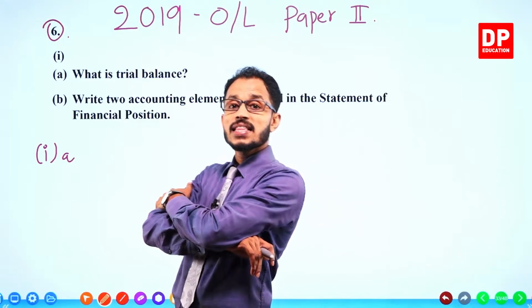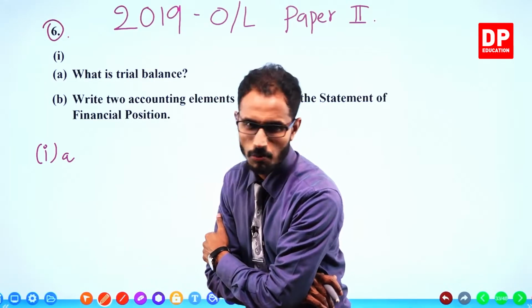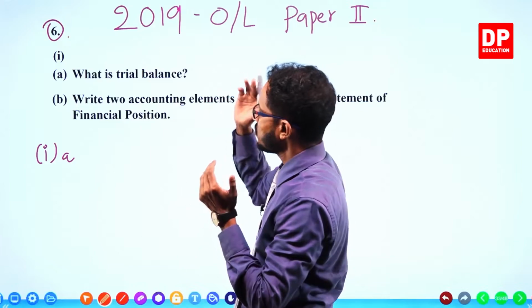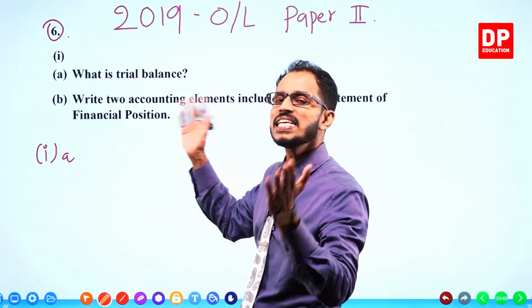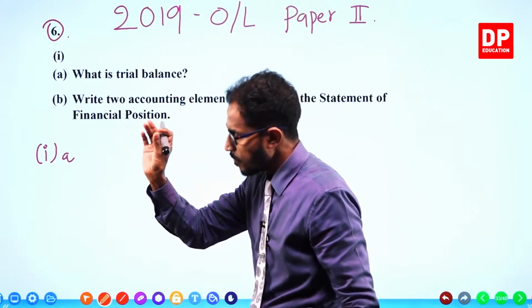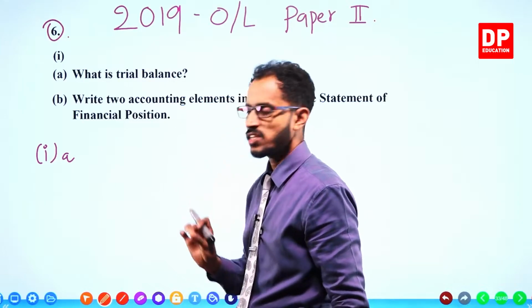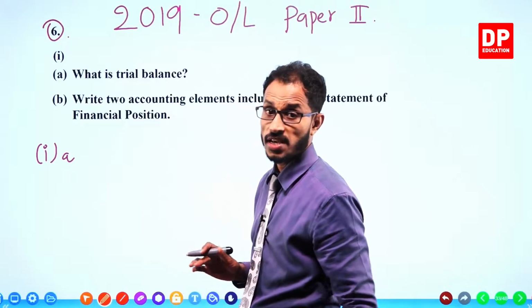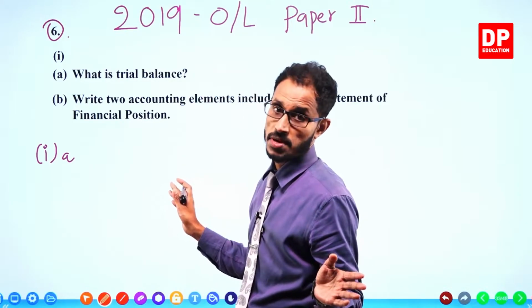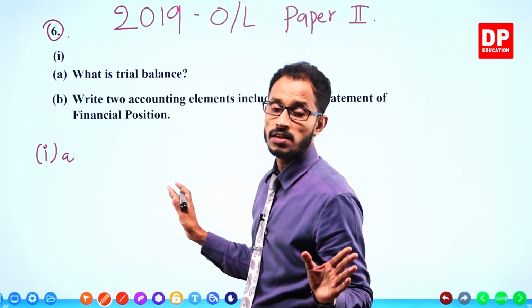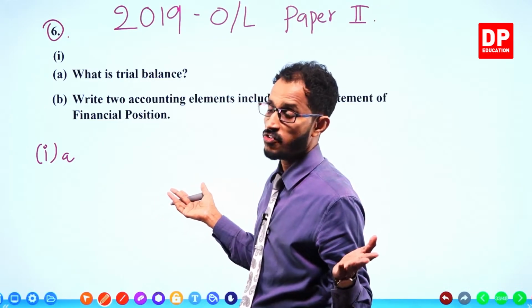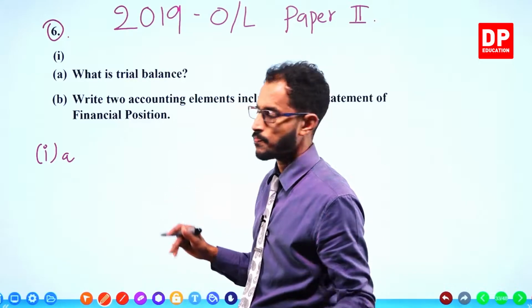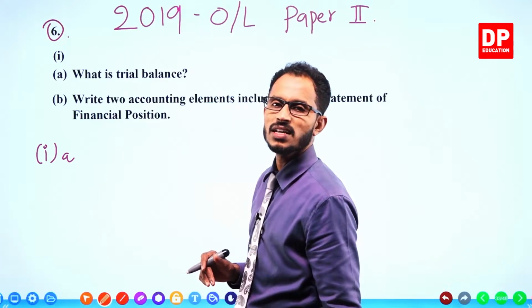No, that is the statement of financial position. In the trial balance, we just list down all the ledger balances as at a certain date. It is not a statement, it is not a final account or anything. It is just a list of balances.